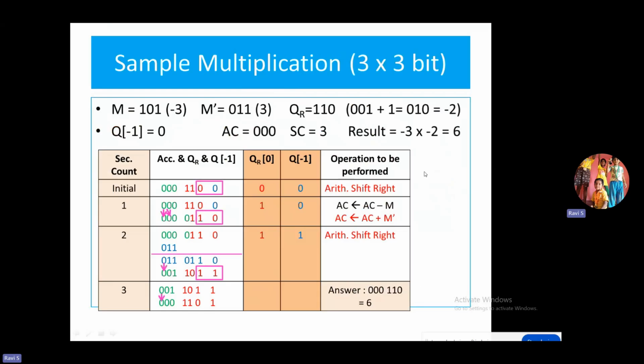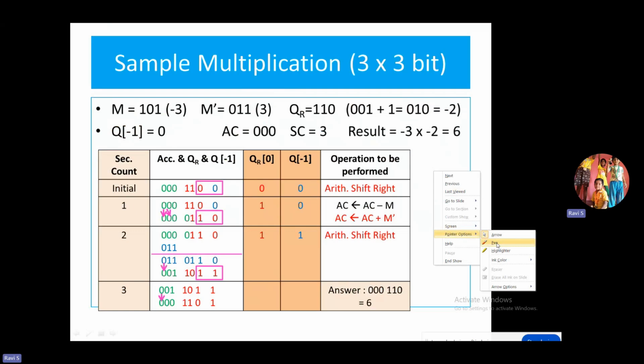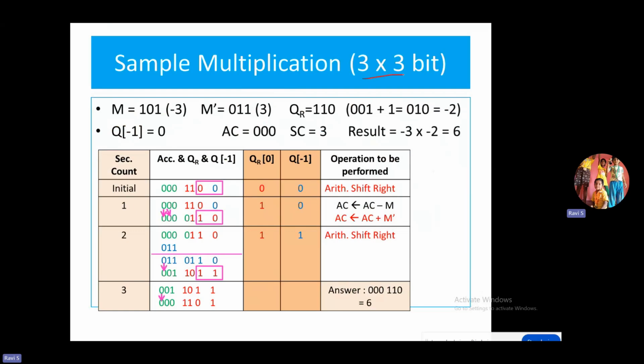To understand the rule, let us take a simple example with 3 by 3 bit numbers. I have taken two 3-bit numbers and we are going to multiply them using Booth algorithm. The multiplicand is 101. Because the first digit is 1, in 2's complement representation it denotes a negative value.